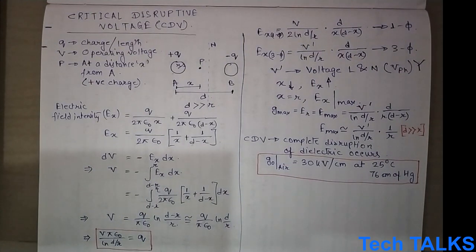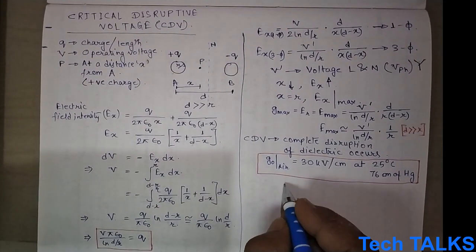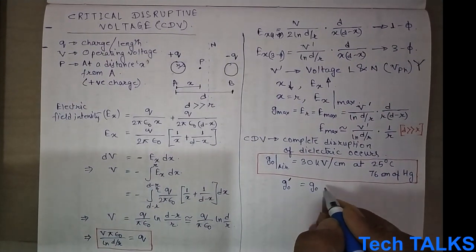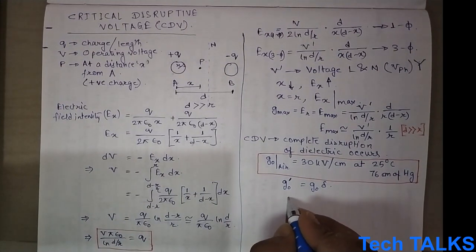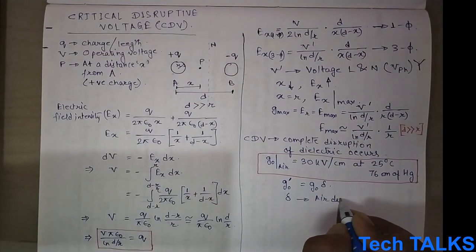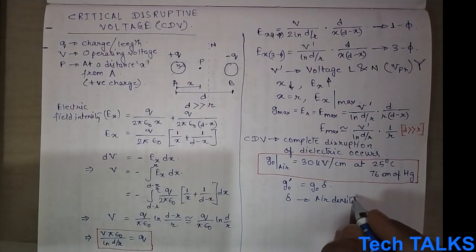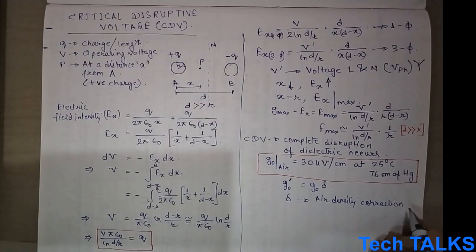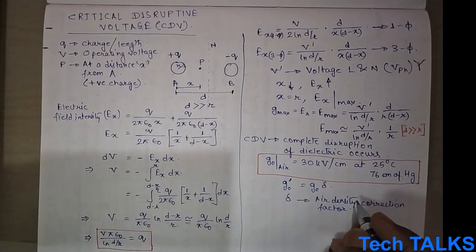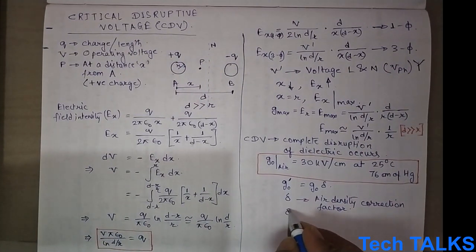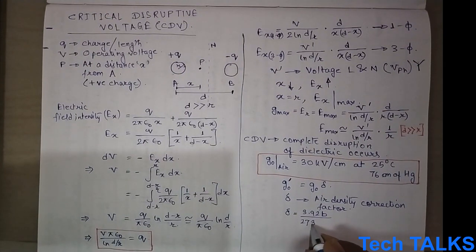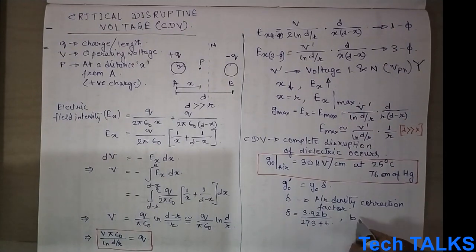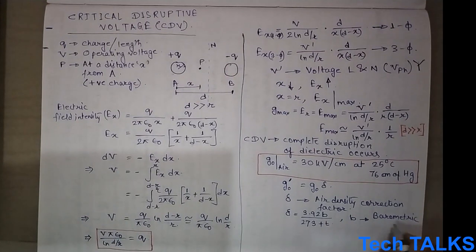This is the air density correction factor and is given by 3.92 B divided by 273 plus T, where B is the barometric pressure measured in centimeter of Hg, mercury column, and T is the temperature measured in degrees Celsius.